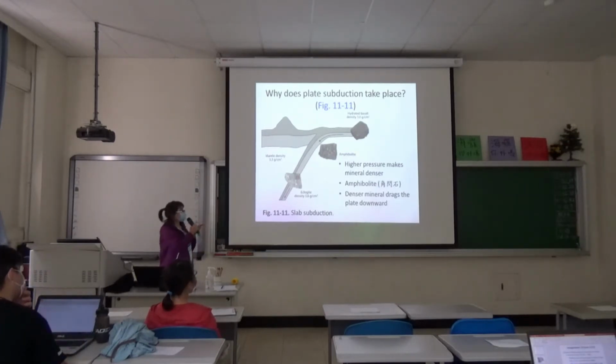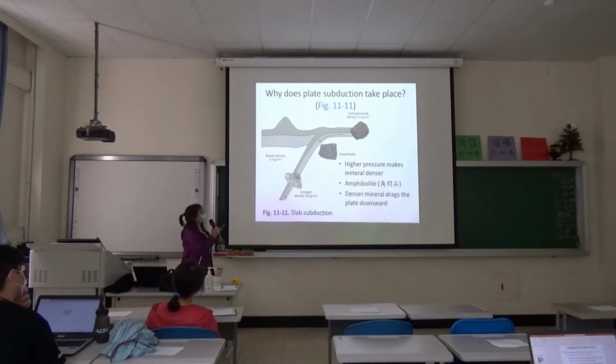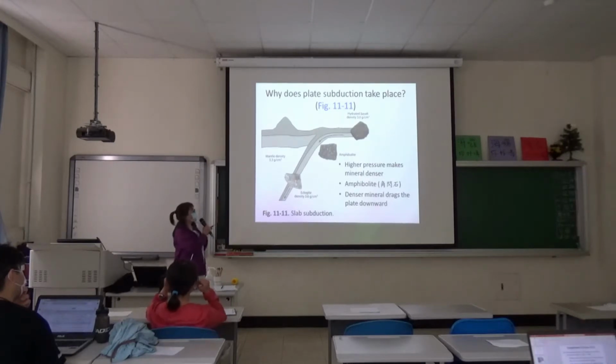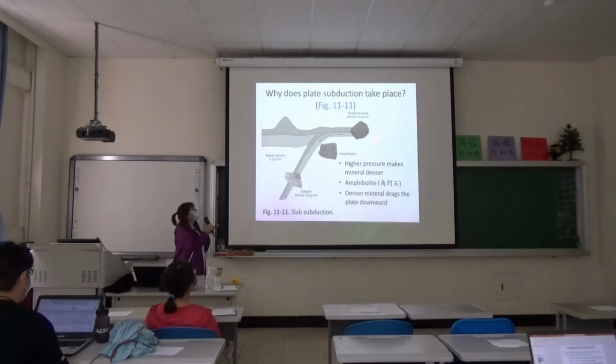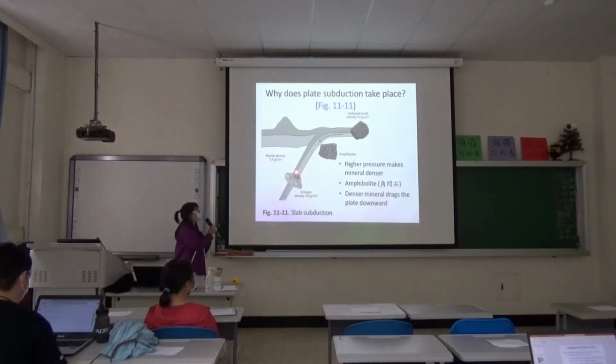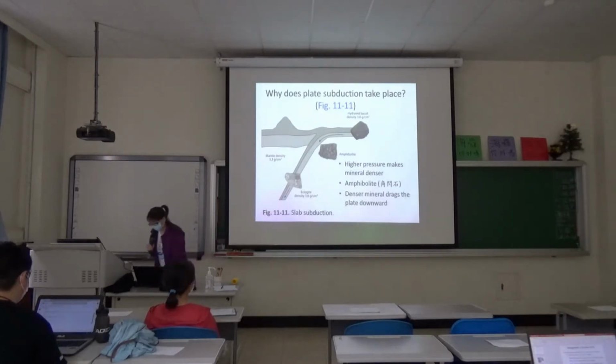So the density will increase, from 3.0 grams per cubic centimeter to 3.3 here, and then this density increases to 3.6. And the higher density here will drag the subducting plate downward, so it causes the plate subduction.